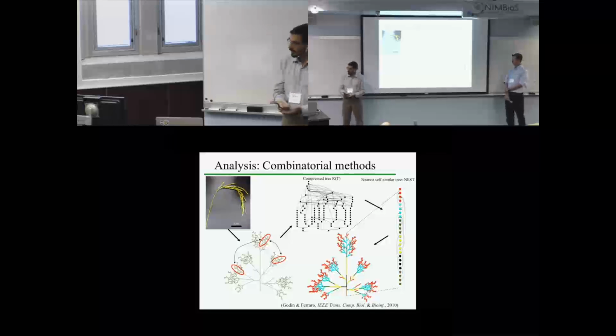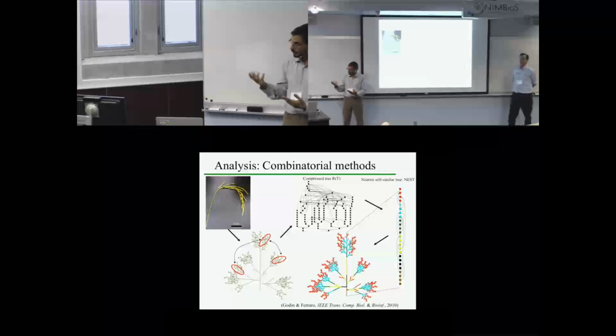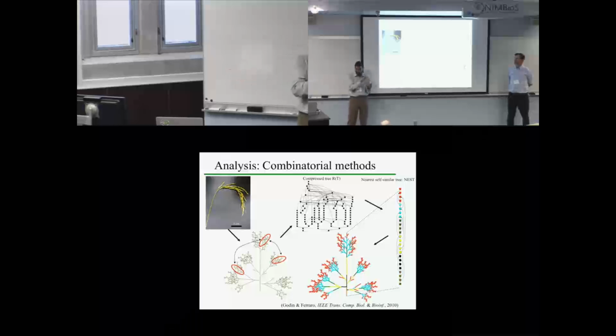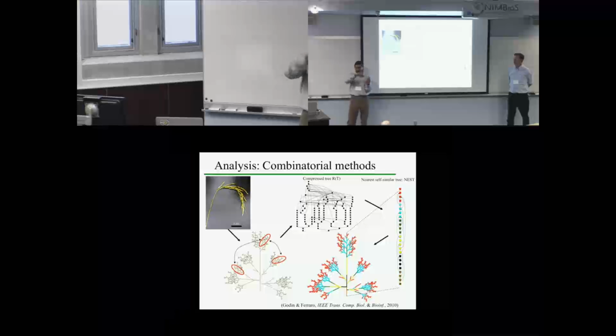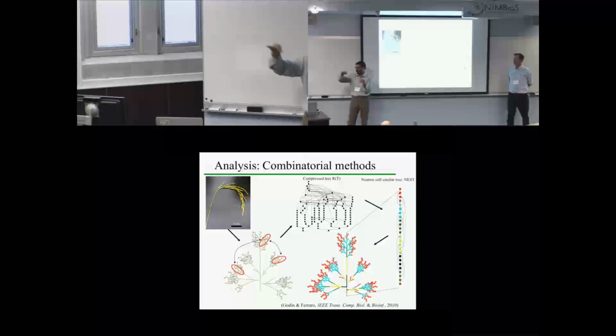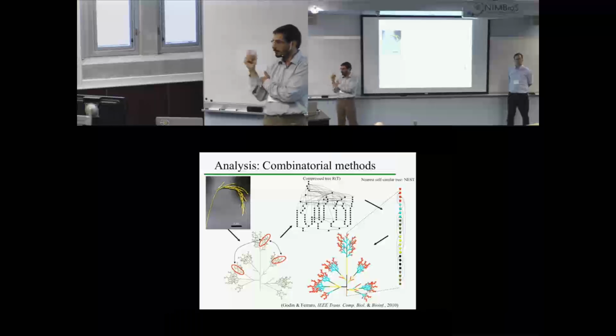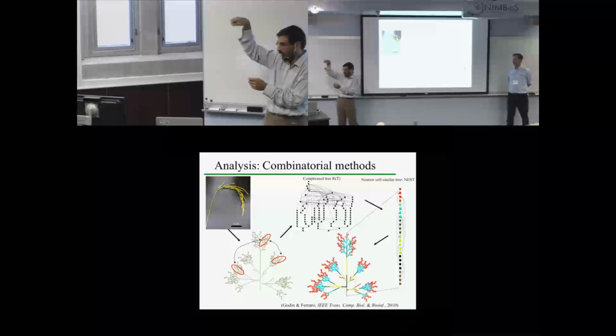Then they try to quantify and understand this. So they use some stochastic models. They have a sequence of angles, and they try to predict the phyllotactic patterns and to understand why there are some leaves that do not correspond to this pattern.